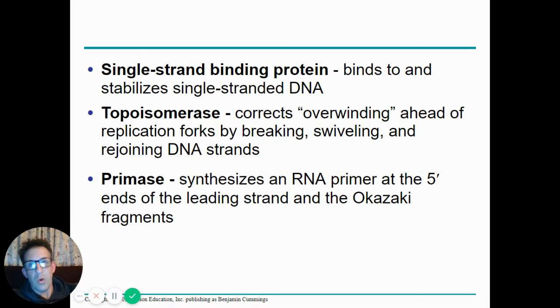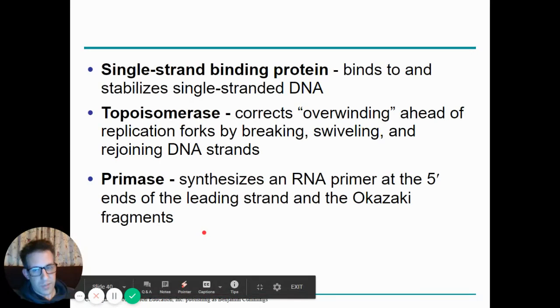It's going to super coil it. It's going to overwind it further downstream. And what topoisomerase does, it corrects that overwinding issue. And that overwinding issue can cause knots, it can cause breakages, all sorts of stuff that's bad to the DNA. And again, if we were in class, you could see that demonstrated right in front of you, and it would make a lot more sense.